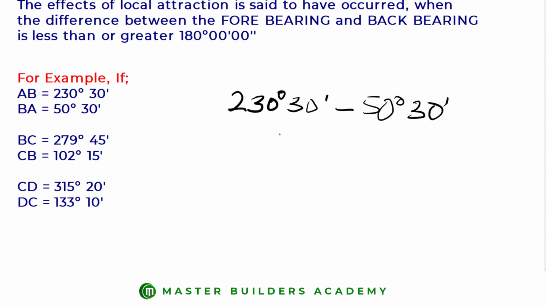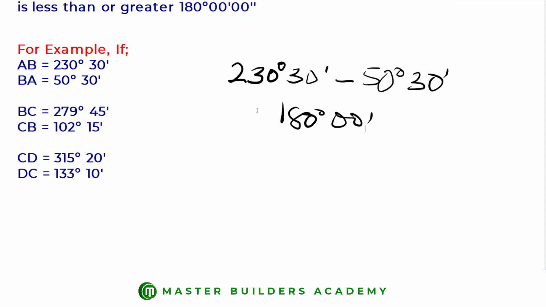The answer to this is 180 degrees, 0 minutes. So now, as you can see from what we have here, when we subtract 50 degrees, 30 minutes from 230 degrees, 30 minutes, we have exactly 180.